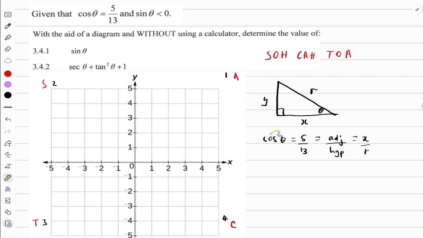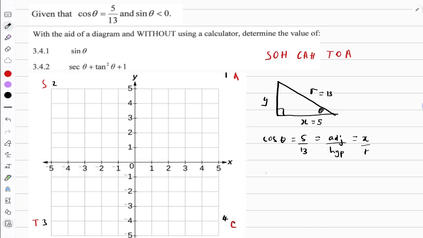And this comes from the acronym SOHCAHTOA, where cos theta is the adjacent over the hypotenuse. We have to bear this acronym in mind. So with the information given, we have our x and our r values. So we still need to find what y is.